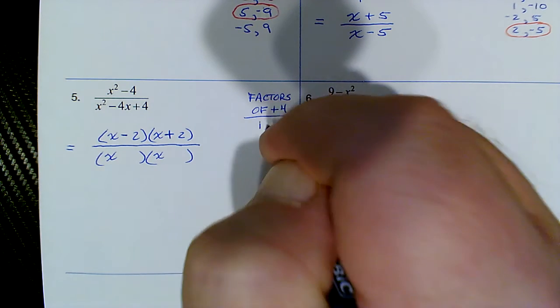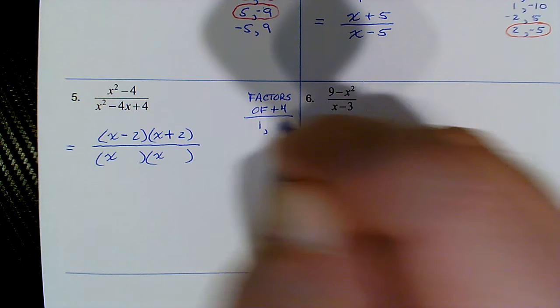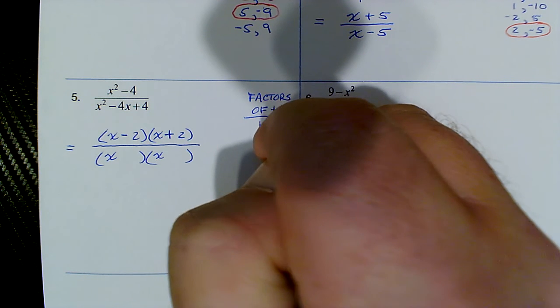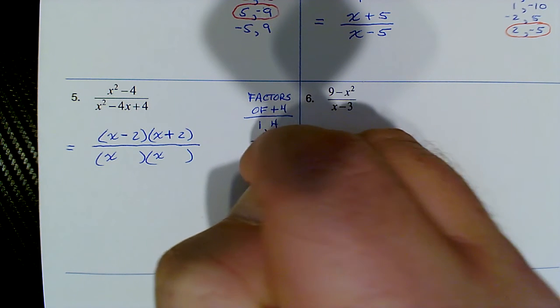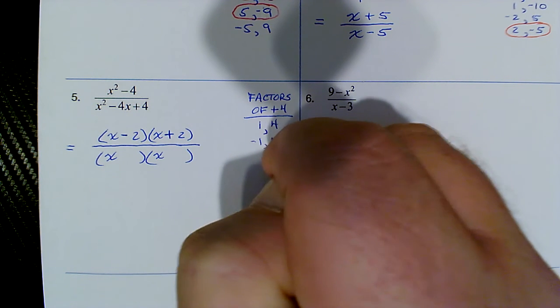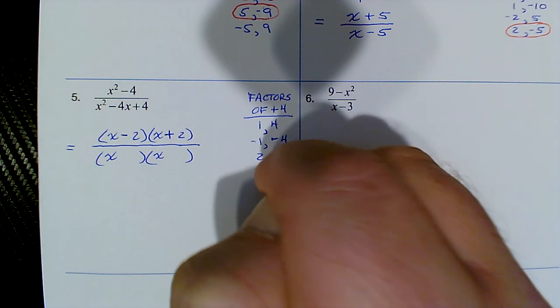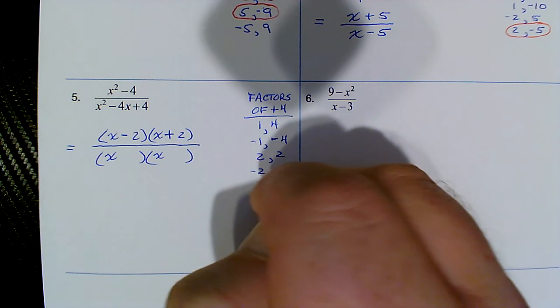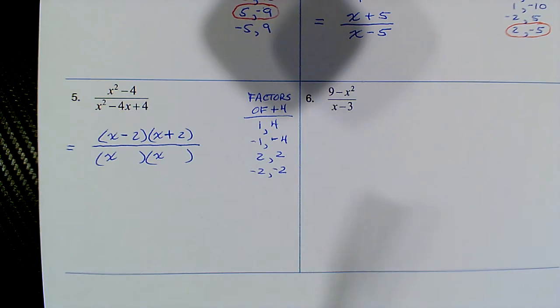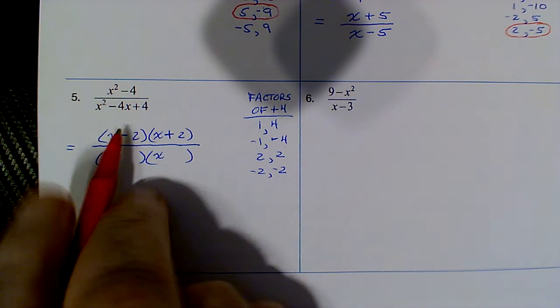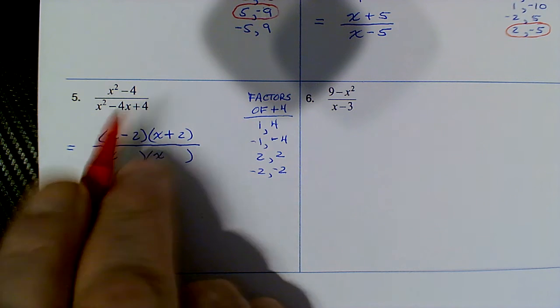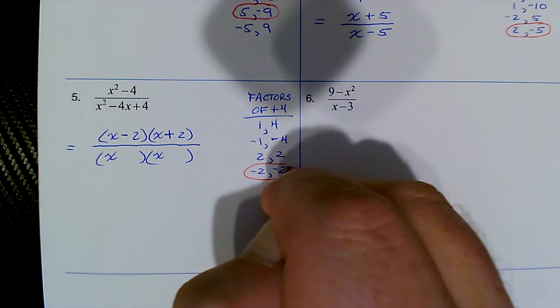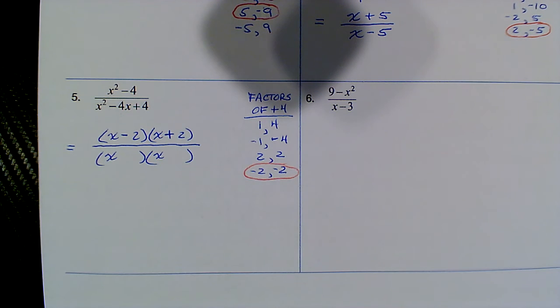So you might say to yourself negative 2 and negative 2 right away. But if not, if you list the factors, 1 and 4, negative 1, negative 4, 2 and 2, negative 2, and that's all the factors. And then the pair that combines to give us the negative 4 is the negative 2 and the negative 2.